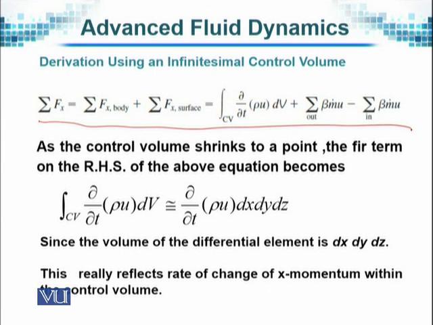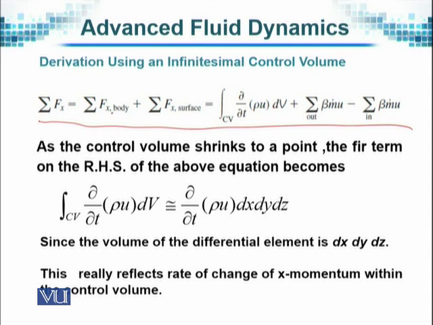But just to draw your attention, as I said a little earlier, we are considering, for simplicity and convenience, only the x component at the moment of this three-dimensional equation. There will be components in the y and z directions also, but for the moment we are considering only the x component of all the variables that are acting.